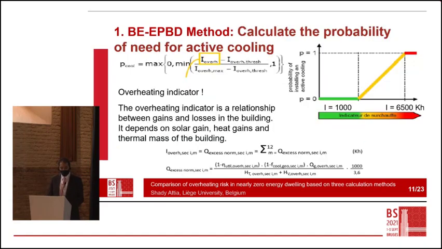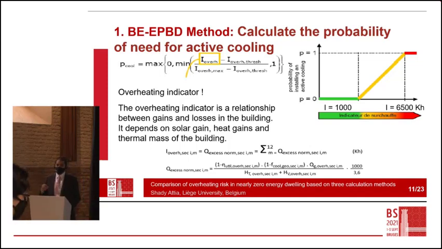And once we have these calculations done, our overheating indicator will tolerate a certain amount of hours in Kelvin hours. If it is under this 1,000 Kelvin hours threshold, there is no need to assume that there is an active cooling system.